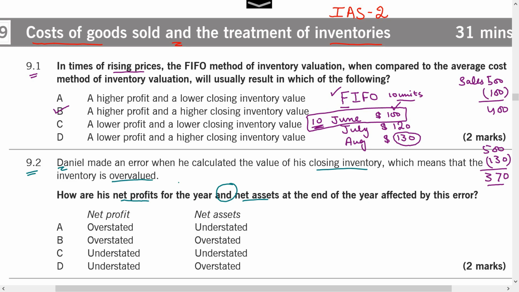And if our profit is increasing, then our net assets will also be increased, right? Because our net assets is our capital, and we know in capital we have opening capital plus profit for the year plus new capital and minus drawings. So if profits increase, then the net assets will also be increased.